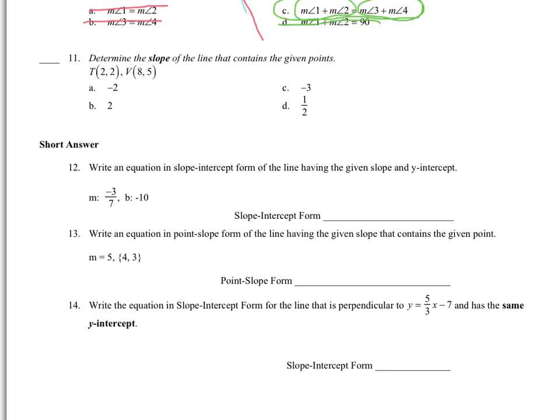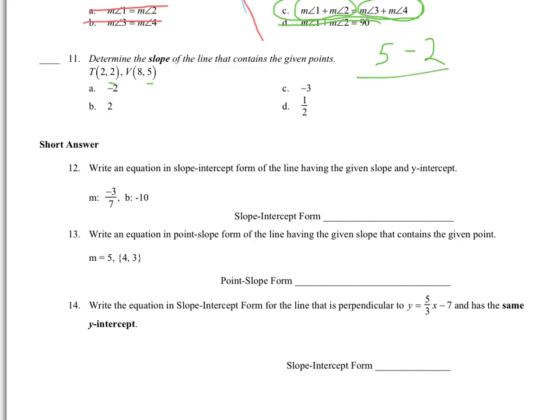Okay, this is from Unit 1, this question right here. Determine the slope of the line that contains the given points. If you remember how to find the slope, we take our y-coordinate, which let's start with 5. We subtract our other y-coordinate, which was 2.